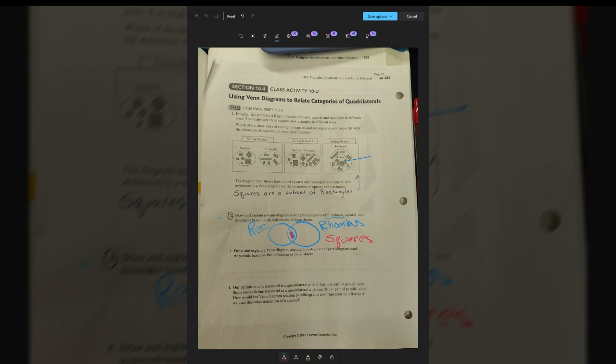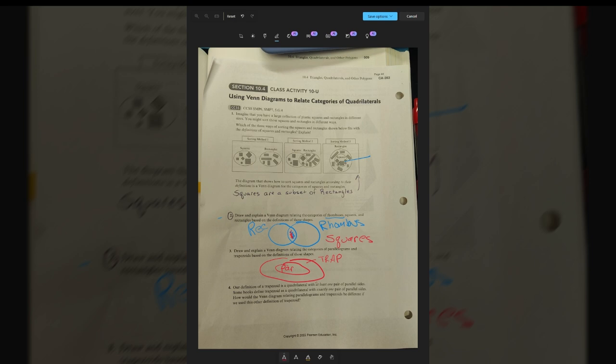So parallelograms are a subcategory of trapezoids. So if you draw this, that would be our trapezoids. And then on the inside here is parallelograms. And I can't use my pen to write out the whole word, sorry.